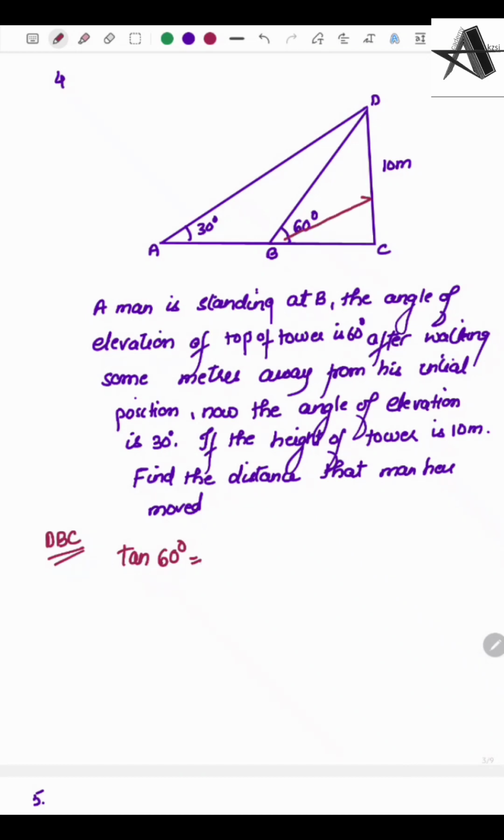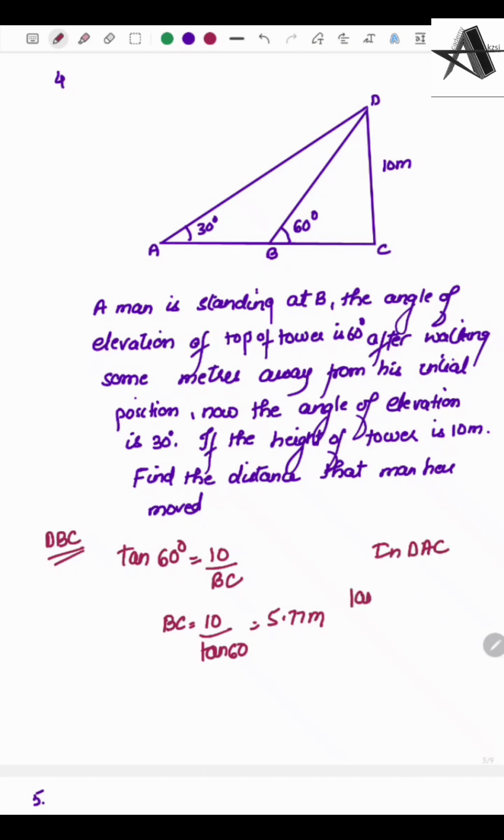Again, the side opposite to the angle is opposite. The side connected with the angle is adjacent. So tan 60 is 10 over BC. So from here BC is equal to 10 over tan 60 degrees. This will give me the answer as 5.77 meters.